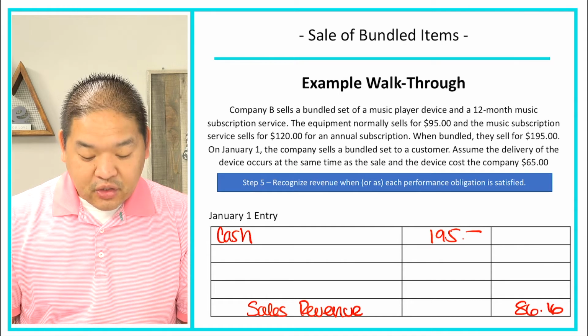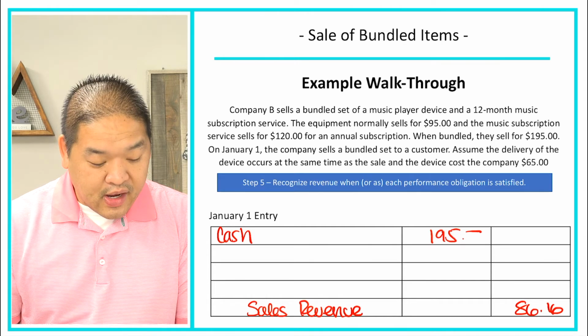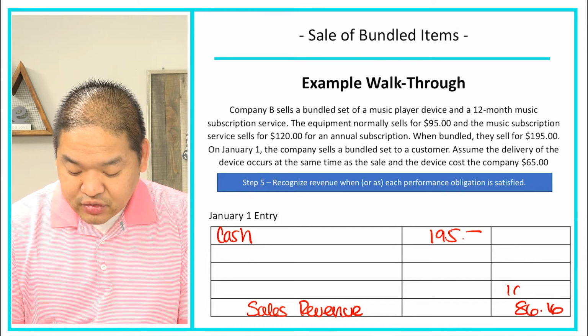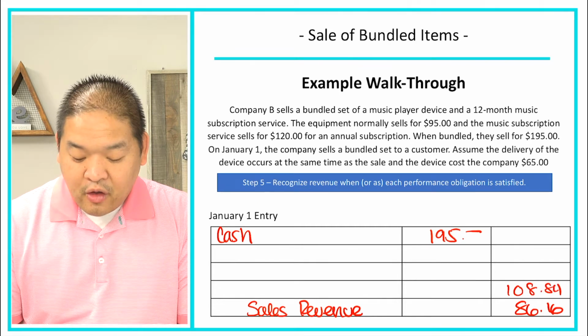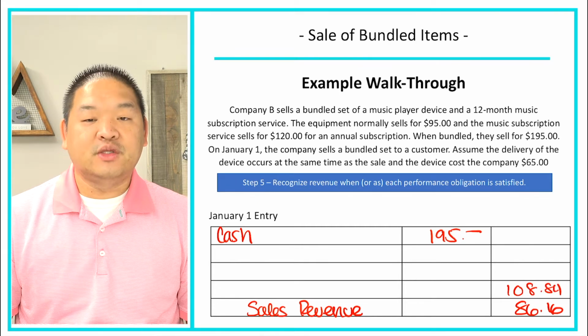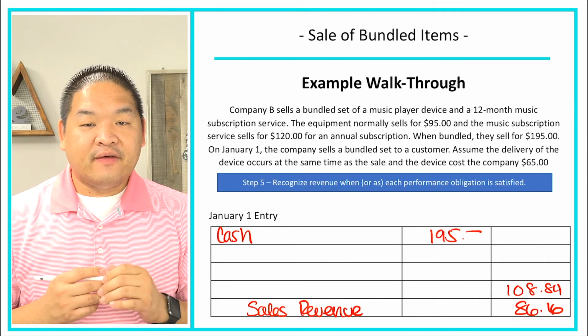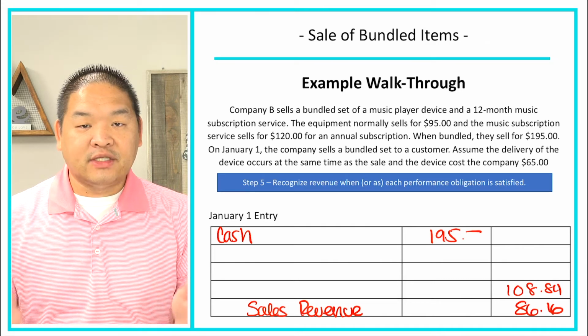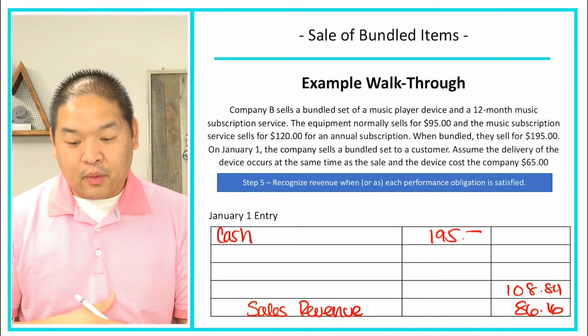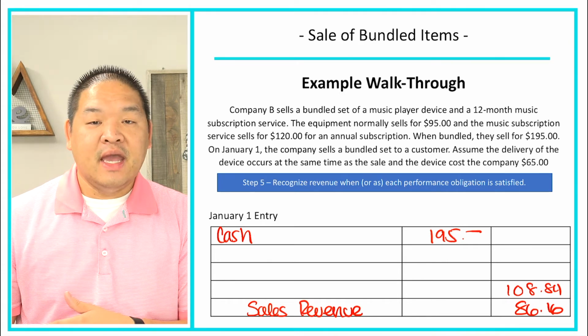Now we would also credit sales for the services, in this case $108.84 for the 12 months of music. But the problem is we haven't delivered that full service yet, right? Twelve months have to go by before we've actually earned all of the $108.84.